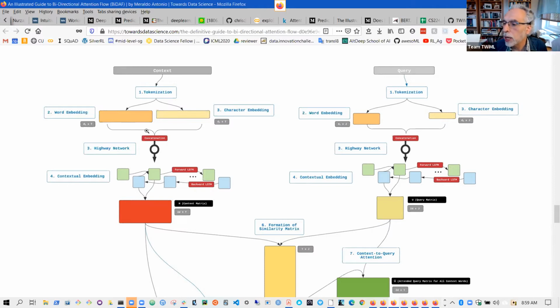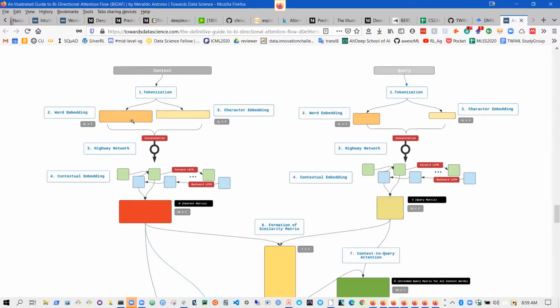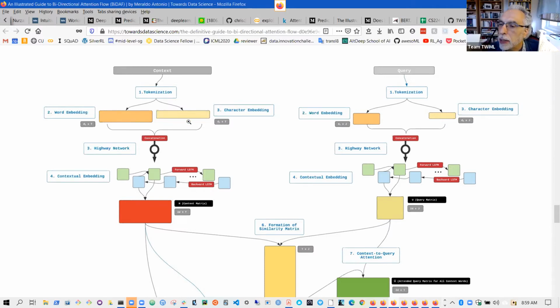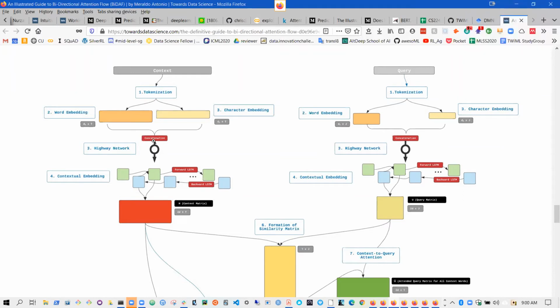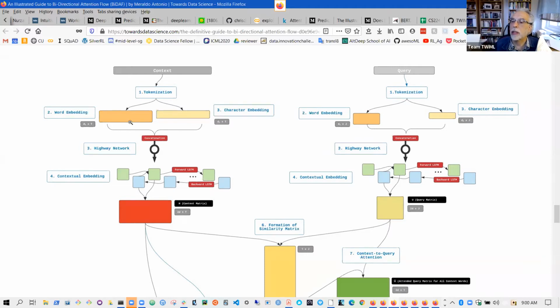The word embedding and the character embedding are D1 and D2, and together they make up D. Then the 2D comes from the bidirectional LSTM. So you get this dimension plus this dimension, and then it's multiplied by 2 because of the bidirectional LSTM.